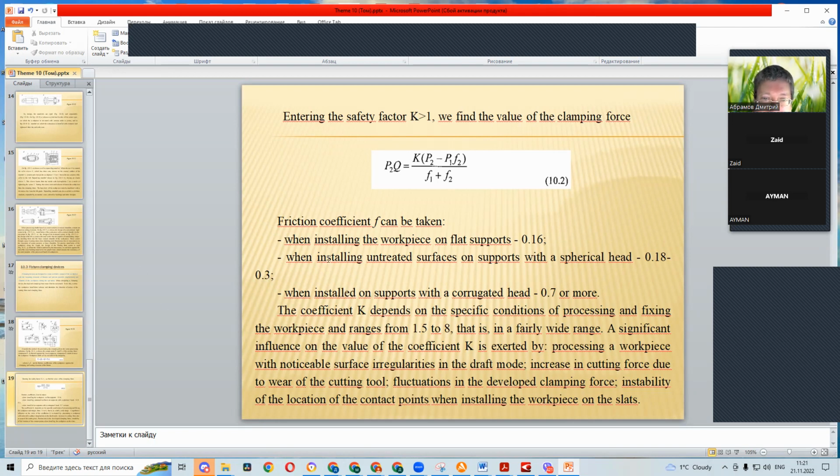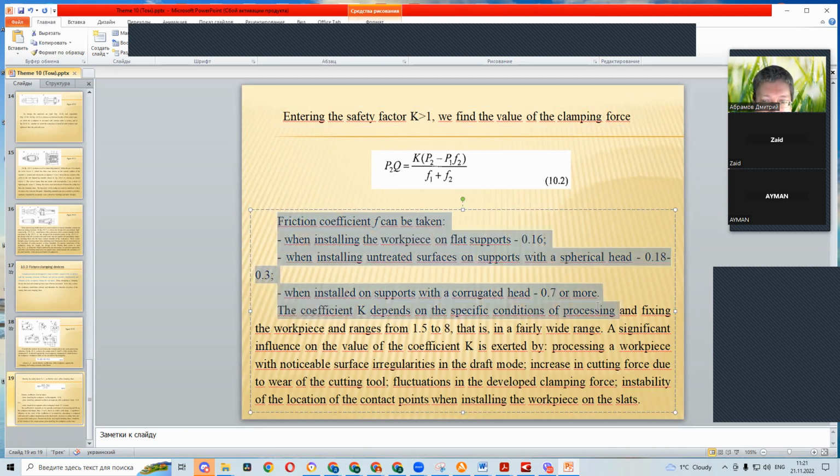So write down to your notes the formula 10.2 and the values of the friction coefficient f.